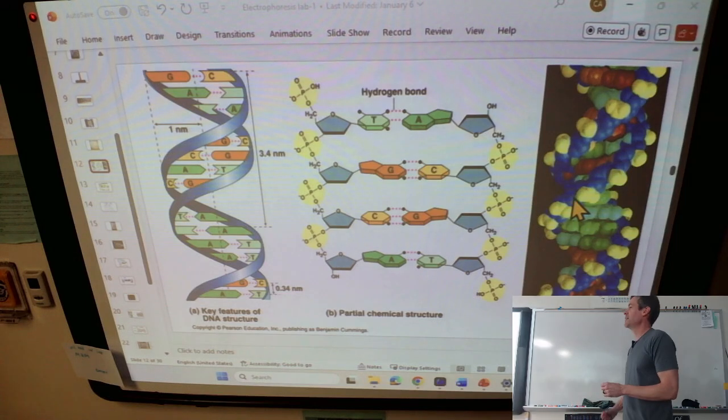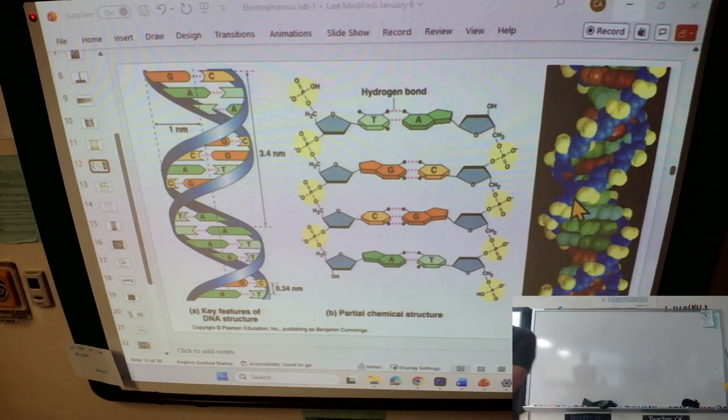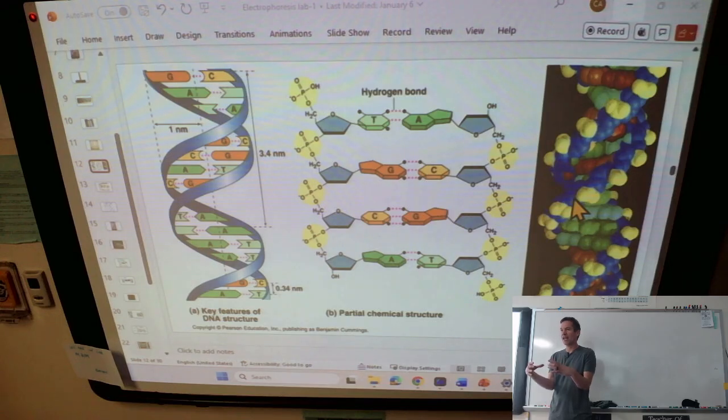Okay, so first off, electrophoresis. What was it? So talk with somebody around you. I've got 2 questions you're going to try to figure out. We had that kind of clear stuff. Does anybody remember what that happened to be called? Started with an A. Yeah, agarose. Yeah, so I have agarose, and it is similar to agar.